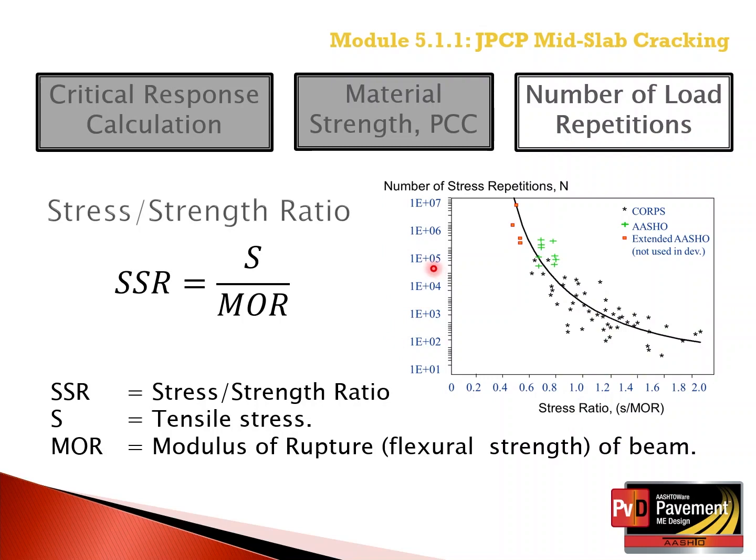The strength is defined from the beam flexural strength, or AASHTO T97. The stress is defined as bending or tensile stress that is calculated at the bottom and or top of the beam.